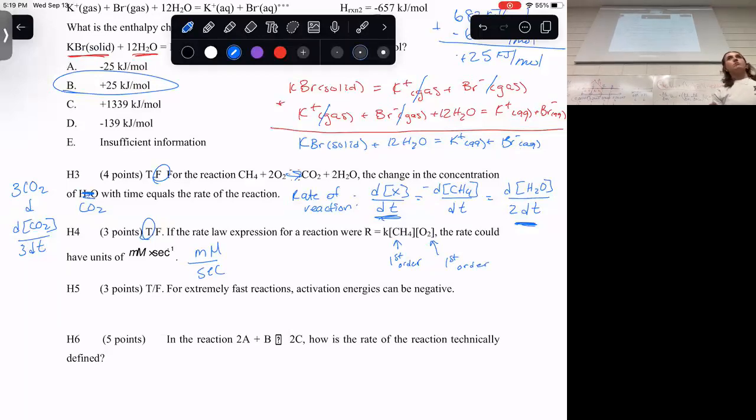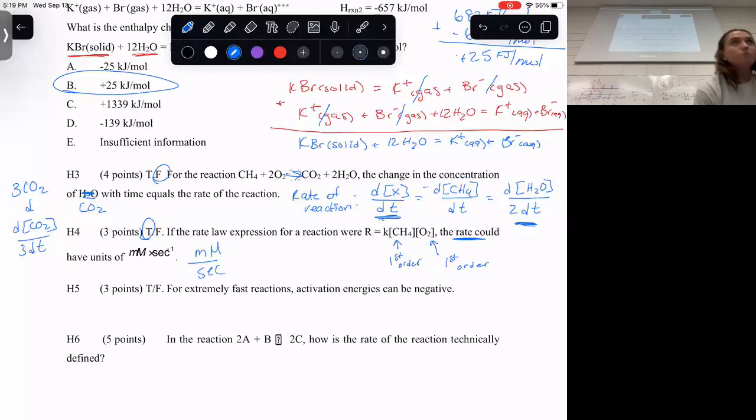So we're multiplying two concentrations, so we'll have some sort of concentration squared. And then we always need to have a unit of time in our denominator.